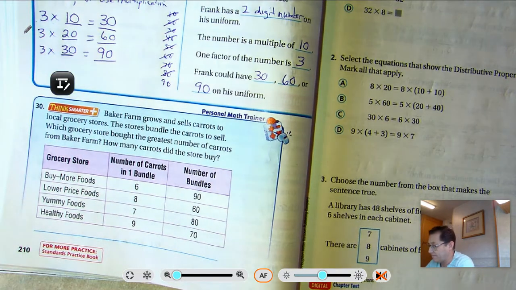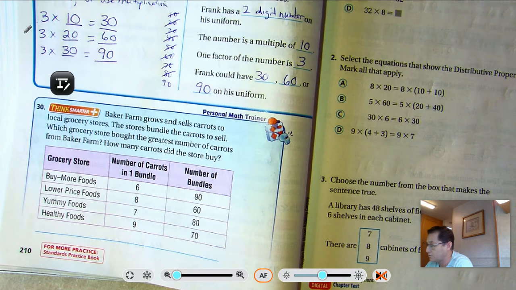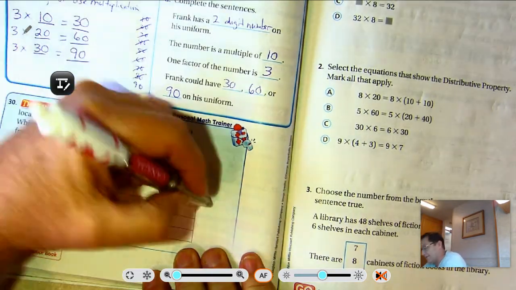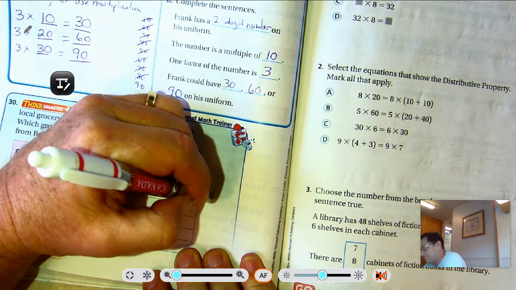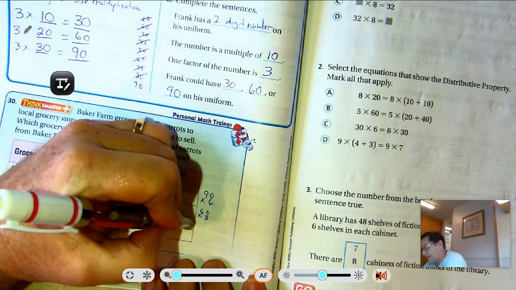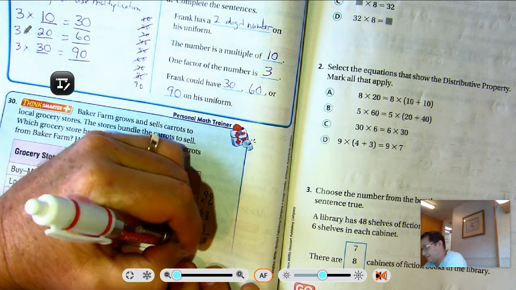So this one is 90 times 6. This one is 60 times 8, 80 times 7, and 70 times 9.